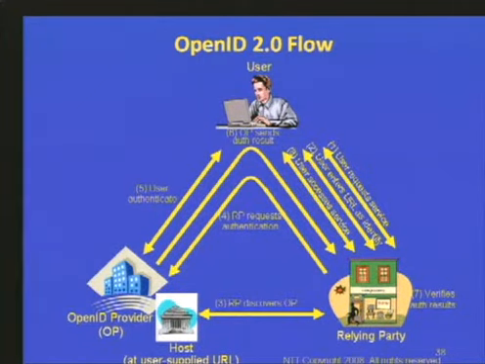It uses HTTP redirection, and the only different point is how to locate the identity provider, because the user provides the location of the IDP as a URL, so the service provider easily finds the OpenID provider location. That's the main difference, but the other protocol sequences are almost the same.